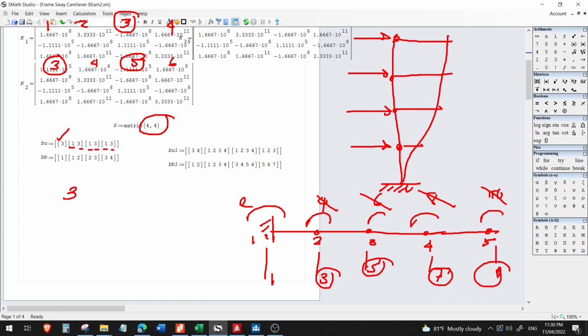So our S matrix is 3, 5, 7, 9. So 3 is in the first, right? 5 is in the second. 7 is in the third, and then 9 is in the fourth. Okay?